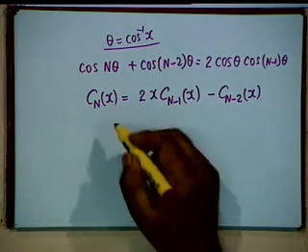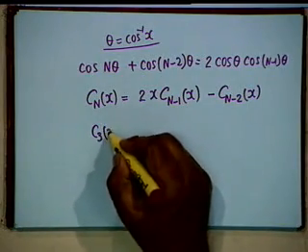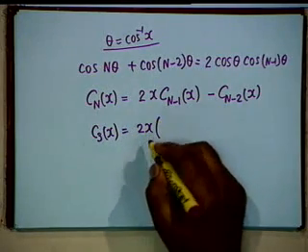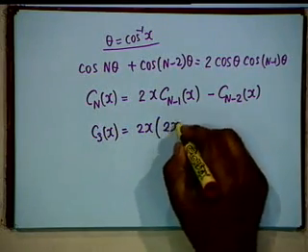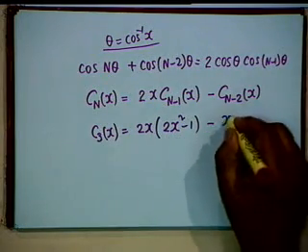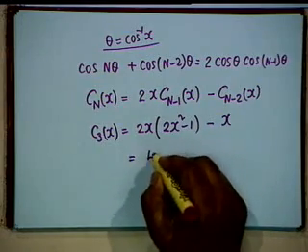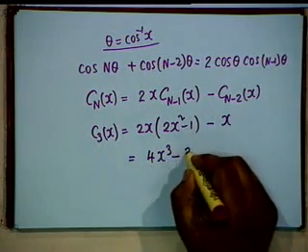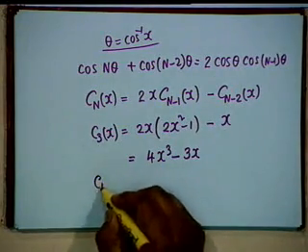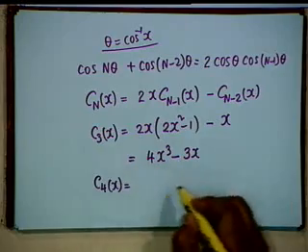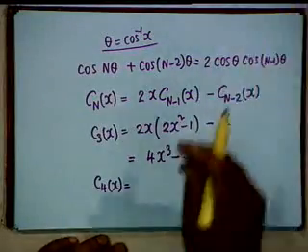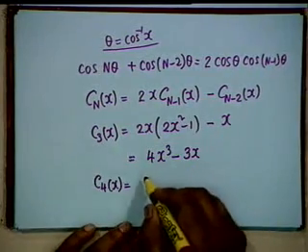For example, if capital N is 3, C3 of x is equal to twice x times C2 of x, which we have already found out to be 2x squared minus 1, minus C1 of x, which is x, and therefore this is 4x cubed minus 3x, which agrees with the previous result. In a similar way, you can find out C4 of x as how much?